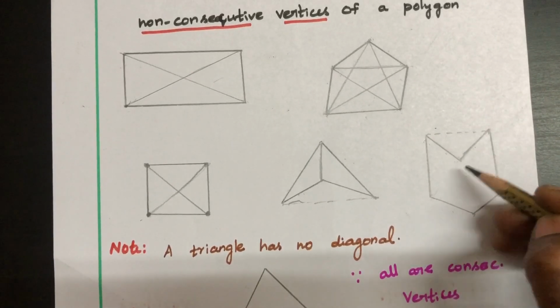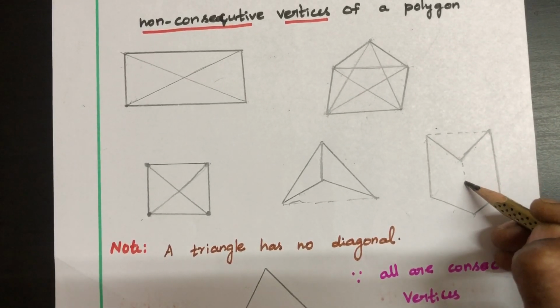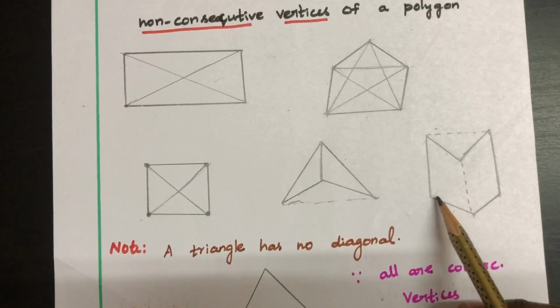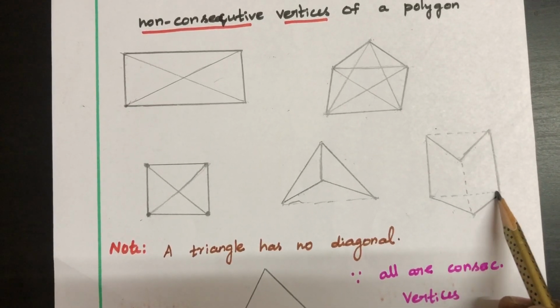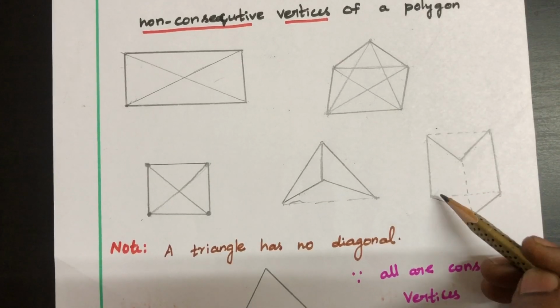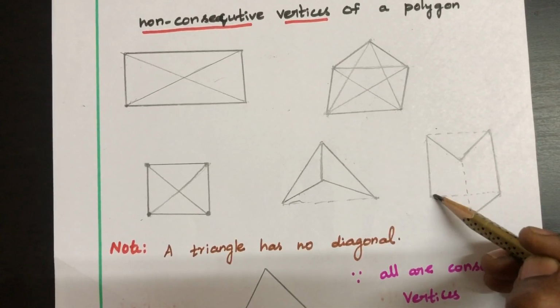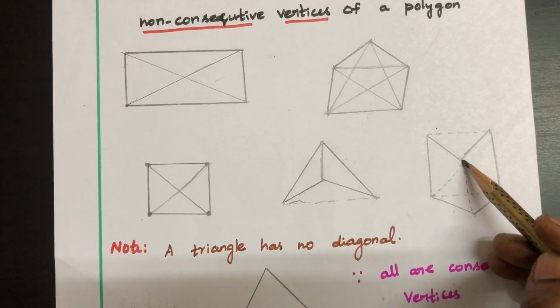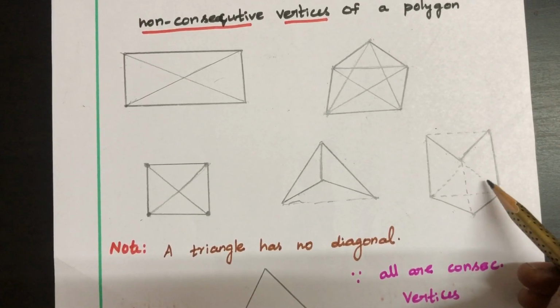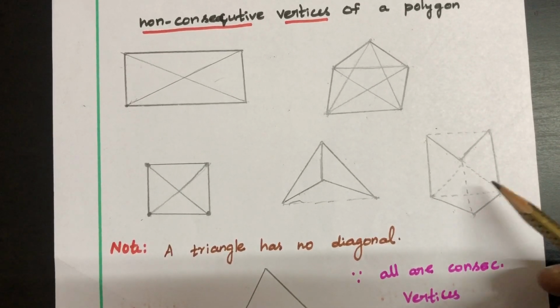So, one diagonal. And this is another diagonal. These two are non-consecutive vertices. So, here comes one diagonal. And these two are non-consecutive. Here also, we can make one diagonal from here to here. So, we can form diagonals like this.